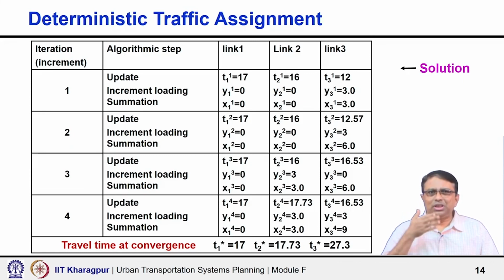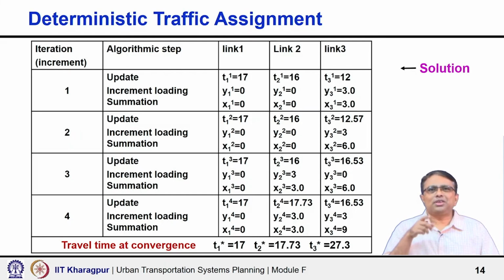Now, we go to iteration 3 with 6 units of flow. I calculate the travel time and I find it 16.53, which is higher than 16. So, now link 2 becomes the cheaper. So, the next 3 unit incremental load is assigned to this shortest path, which is link 2. With this, the cumulative load becomes 0 on link 1, 3 on link 2 and 6 on link 3.